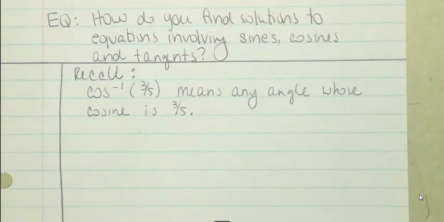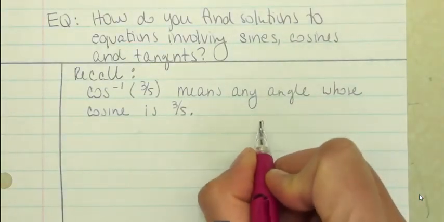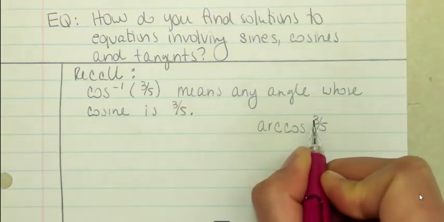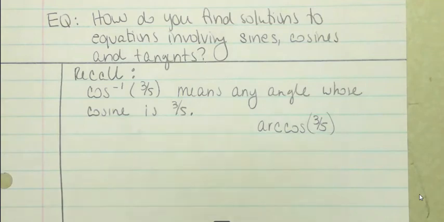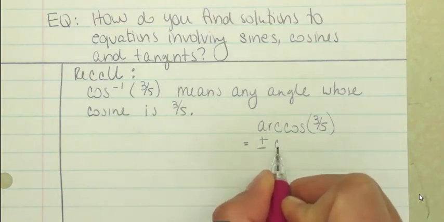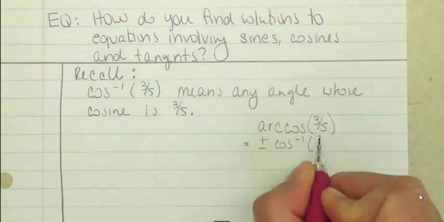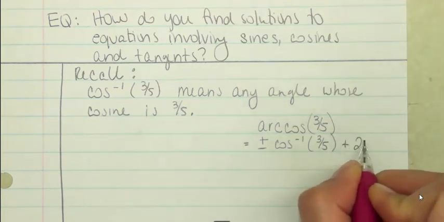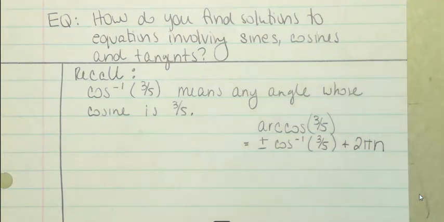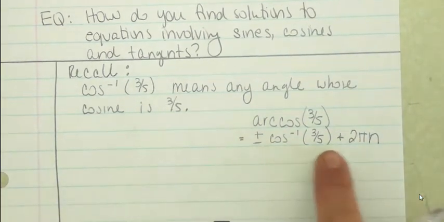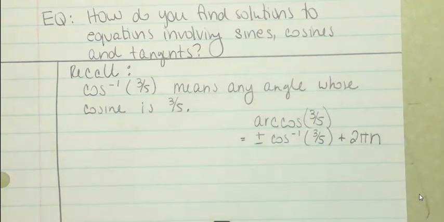What we learned in chapter 6 was that I could think of this as arccosine of 3/5, which was the same thing as cosine inverse, right? But the only thing that we did differently when we changed it to cosine inverse was we said, well, it was going to either be the positive or the negative cosine inverse of my ratio plus every revolution afterwards.